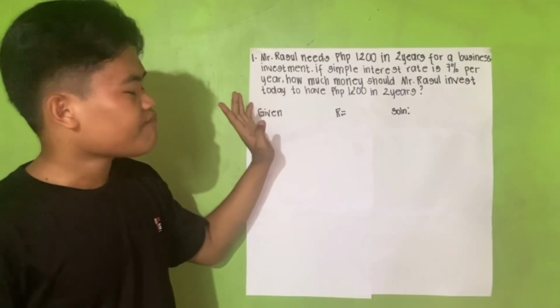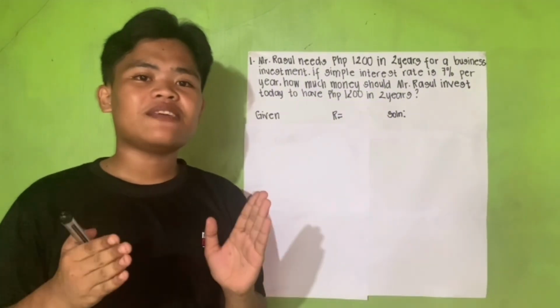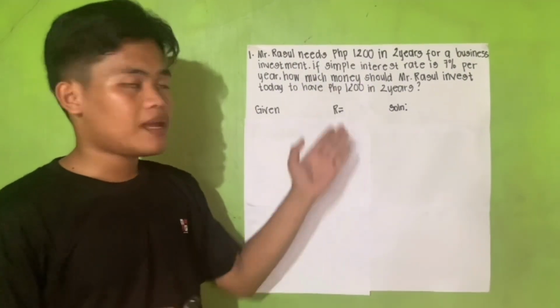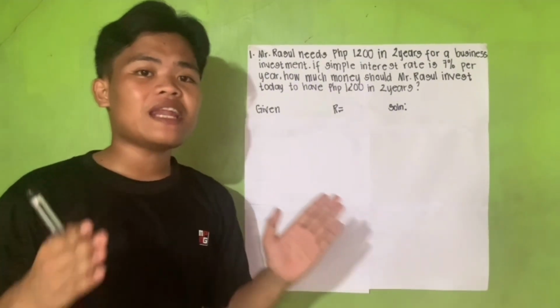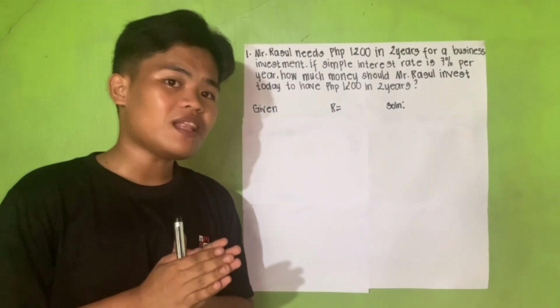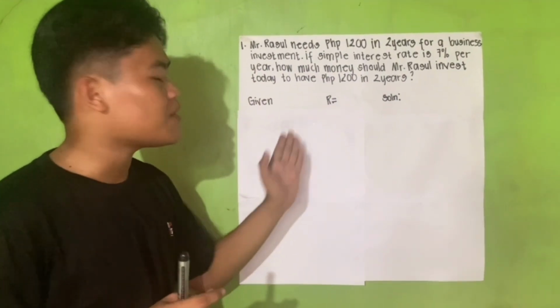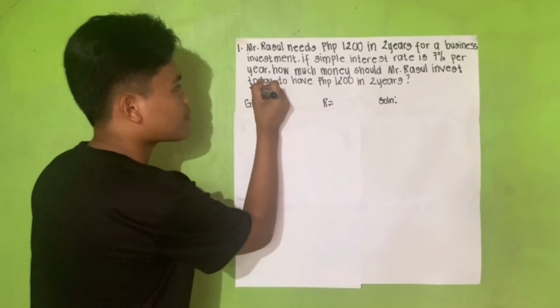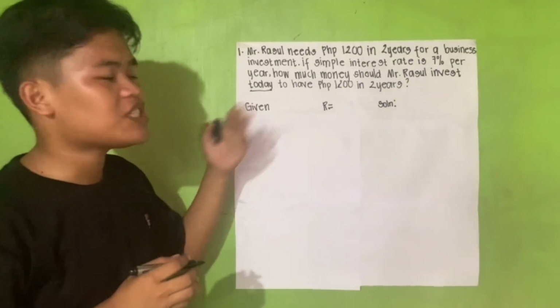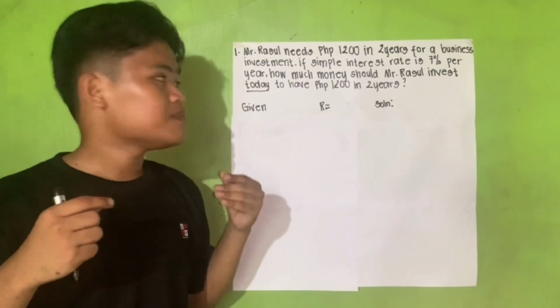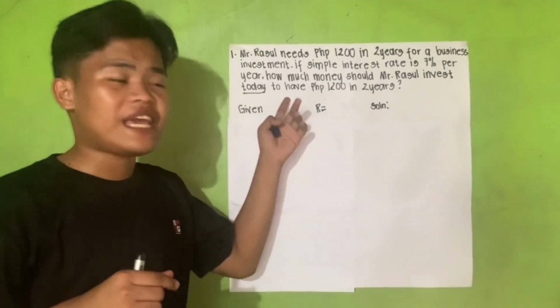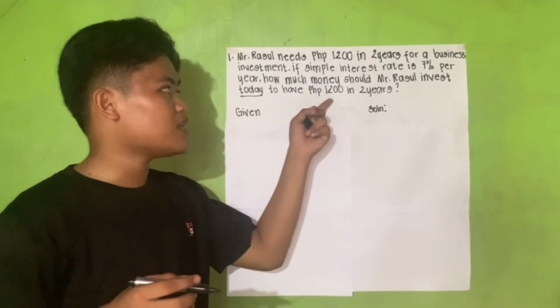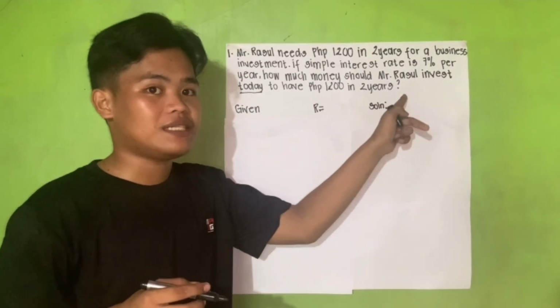So, how can we identify that ang hinahanap natin is the present value? Simple, because our keyword here is today. How much money should Mr. Rasul invest today to have 1,200 pesos in 2 years?